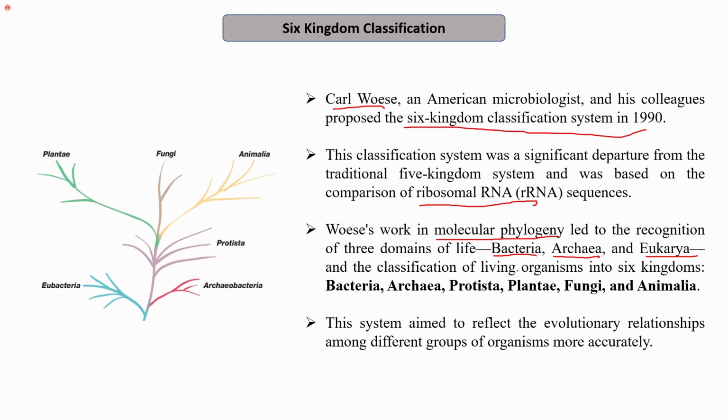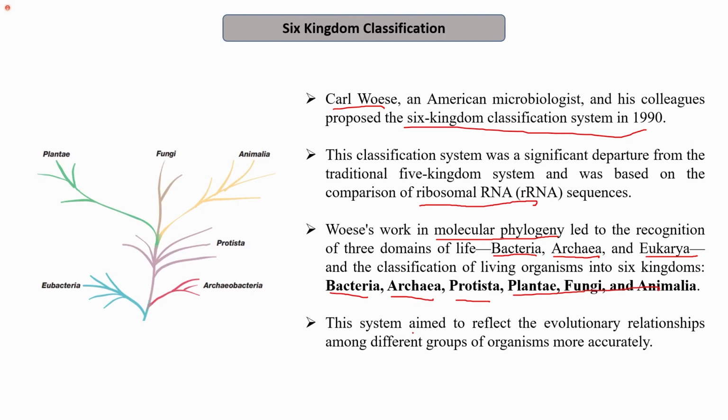So basically, we can say that it is a 6-kingdom classification where the organisms were divided into bacteria, archaebacteria, protista, plantae, fungi, and animalia. This system reflects more about the evolutionary history. It considered more about the phylogenetic relationship among the different organisms to place them more accurately into the appropriate kingdom.